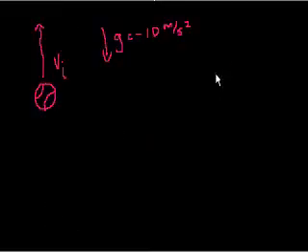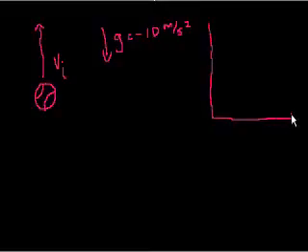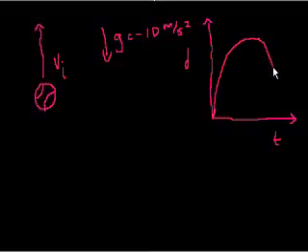If we were to graph time and distance, where this is time and this is distance, at time 0 we're on the ground, and the ball starts off going really fast, but then it starts slowing down, and then its velocity goes to 0, and then it starts accelerating in the negative direction, starts going fast, comes in, bam, and hits the ground again.